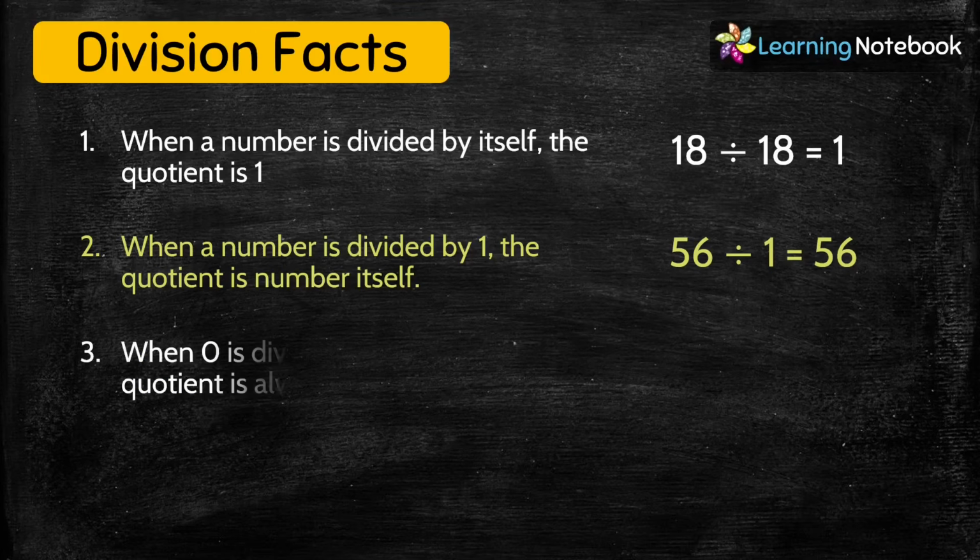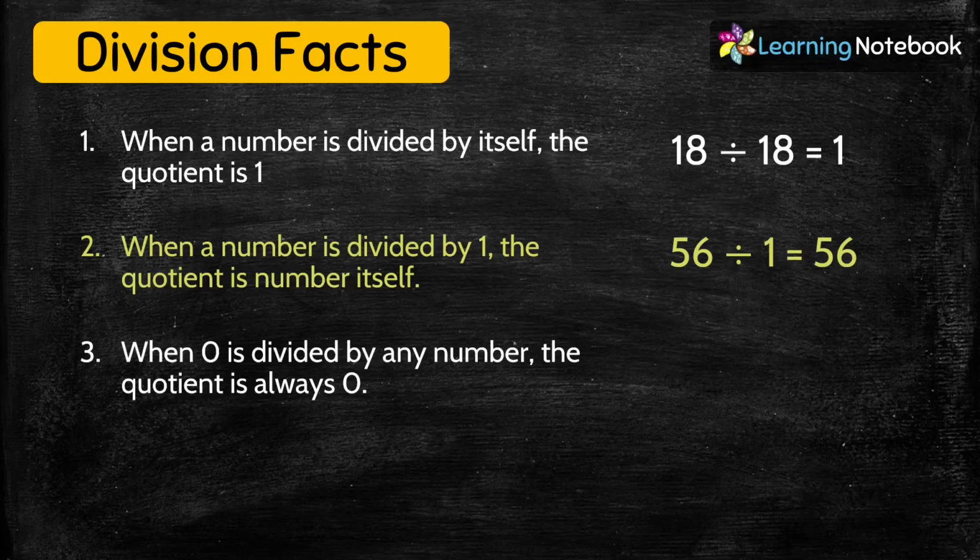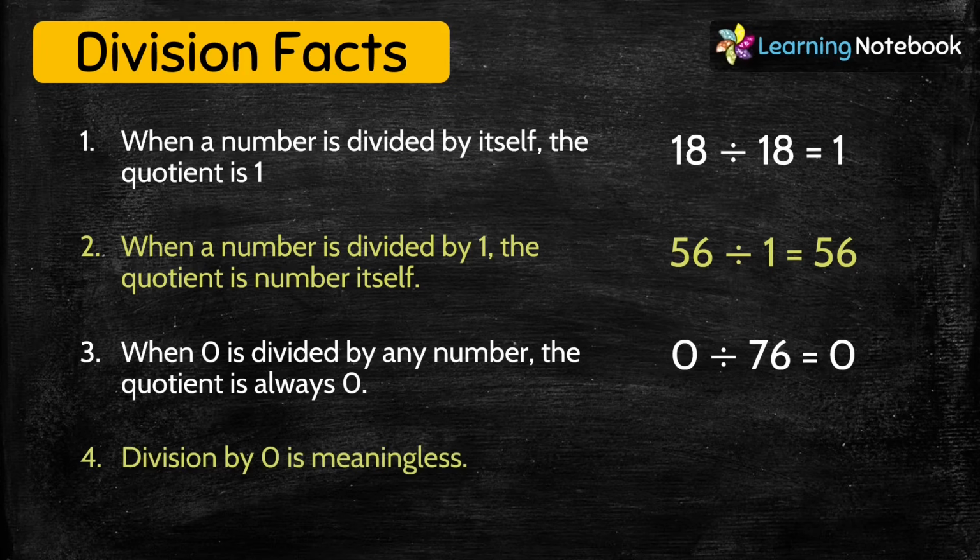Third division fact is, when 0 is divided by any number, the quotient is always 0. For example, if we divide 0 by any number, let's say 76, we will get the quotient as 0. Next division fact is, division by 0 is meaningless.